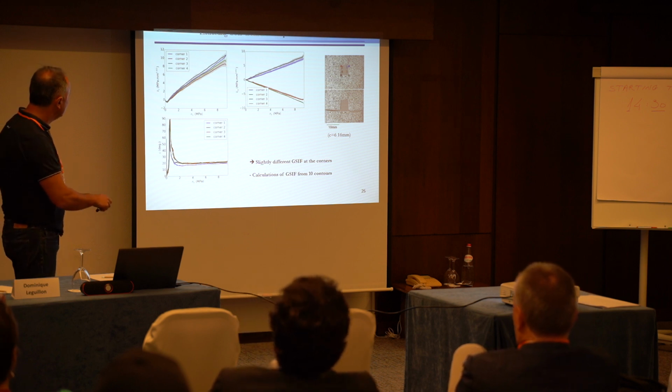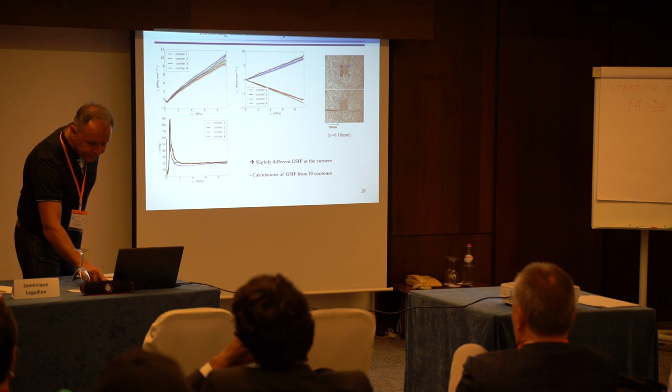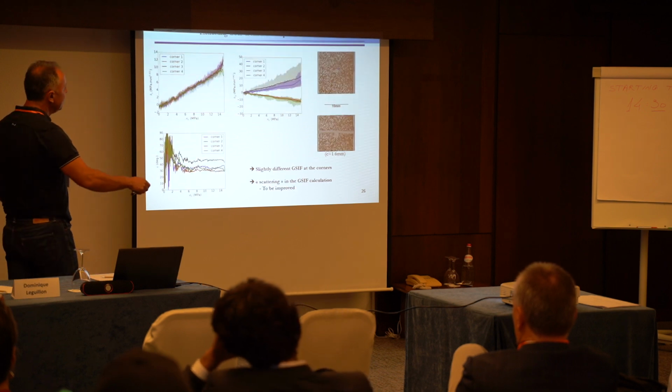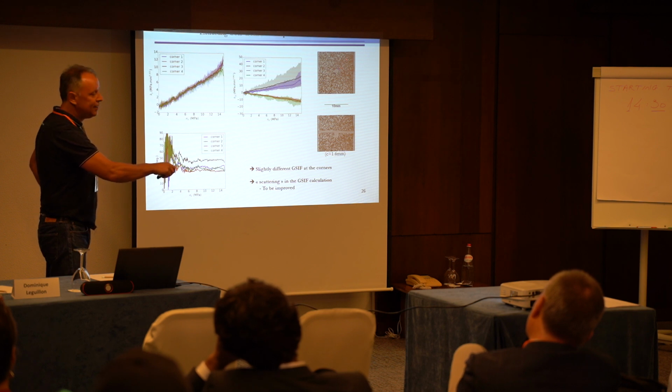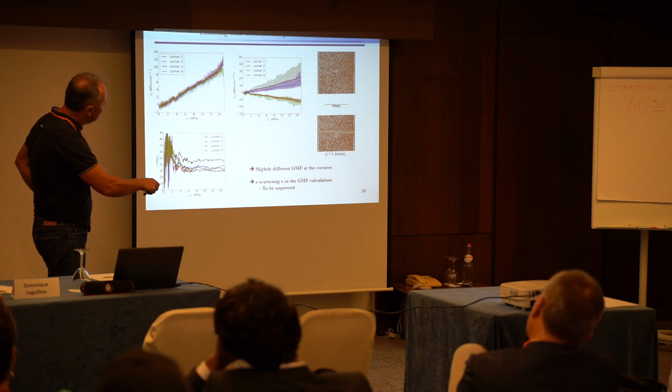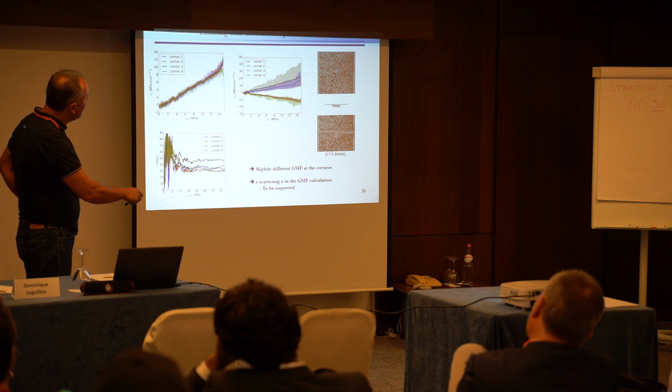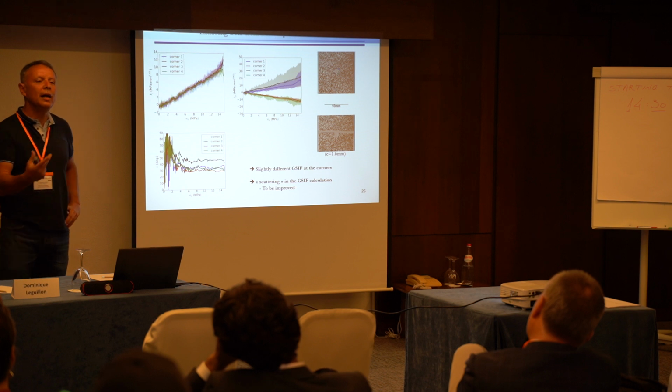So that is for K1, for K2, and for the mode mixity. If the speckle is small with respect to the size of the square hole, in this case, we have to admit that it is a little bit more scattered, a little bit more reliable.